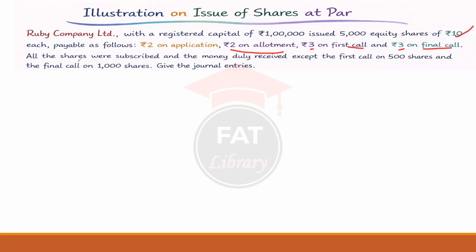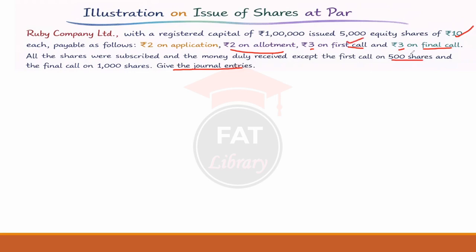All the shares were subscribed and the money duly received, except the first call on 500 shares and the final call on 1,000 shares. Give the journal entry. This is a simple problem which you may get for 8 marks. Here they have received the amount, but not the overall amount.